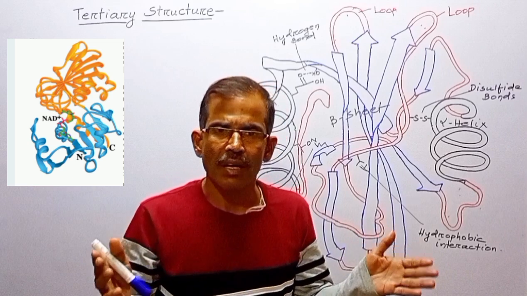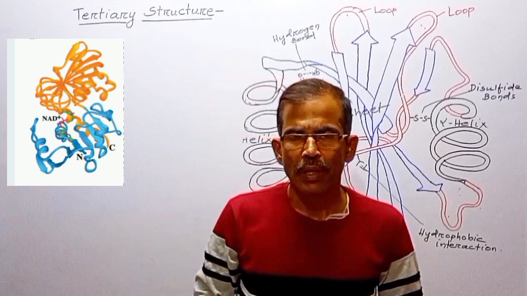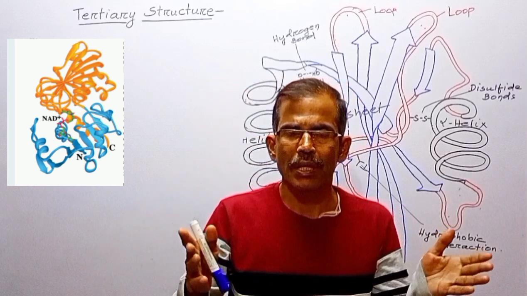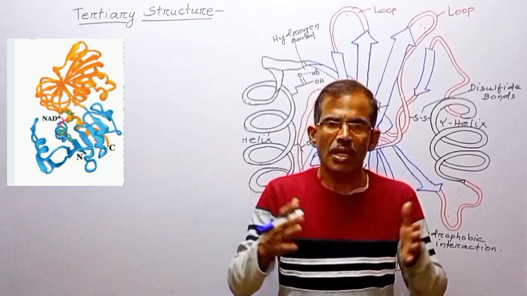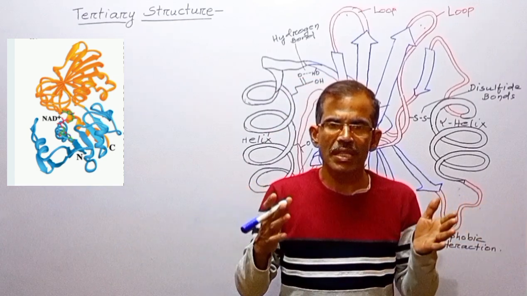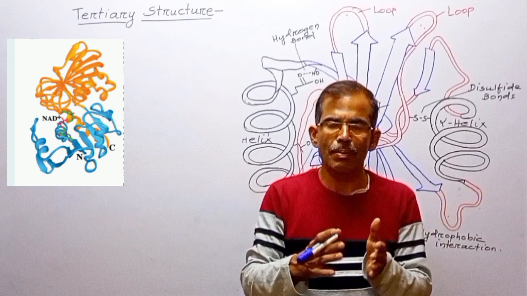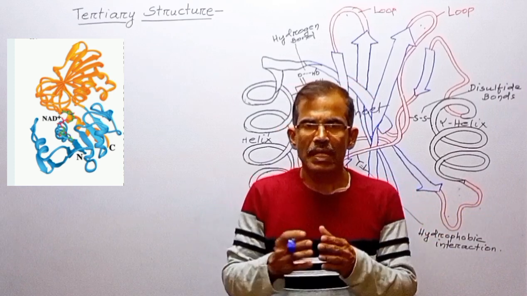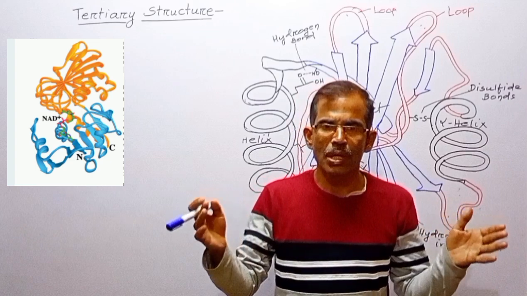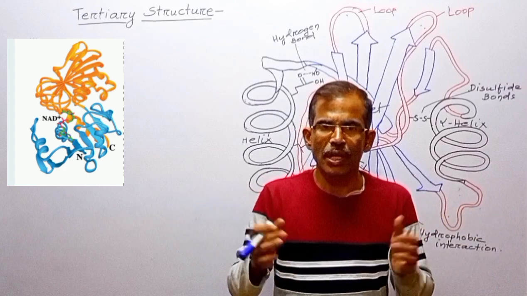Most proteins are quite compact, and closely packed protein interiors generally exclude water. The tertiary structure of a protein is determined by its primary structure. What is primary structure? It is the sequence of amino acids in the polypeptide chain.